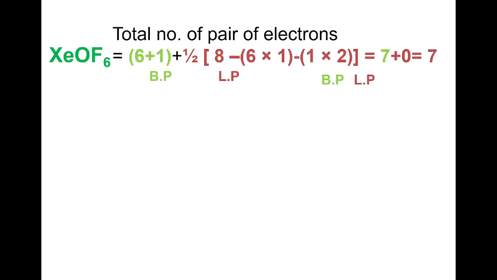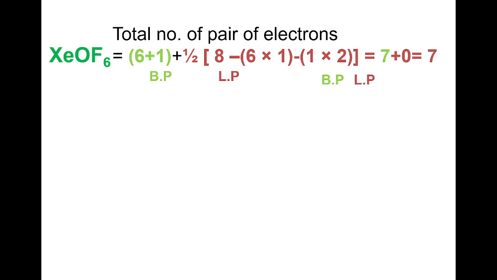So till now we have discussed simple molecules having one type of central atom and one type of surrounding atom. So in this case, XeOF6, here xenon is the central atom and 1 oxygen and 6 fluorines are the surrounding atoms. So how many surrounding atoms? 6 fluorine, 1 oxygen. Total surrounding atoms 7. So total bond pairs of electrons will be 7.